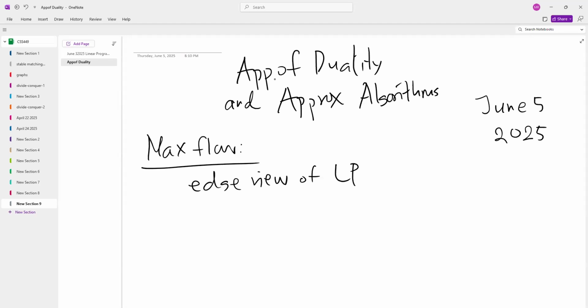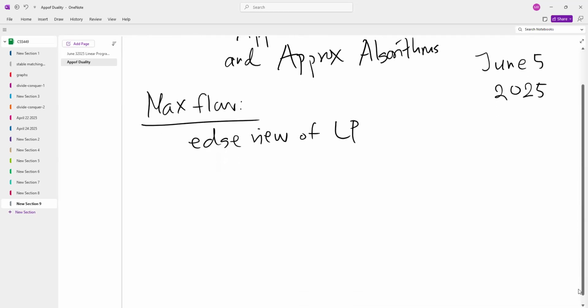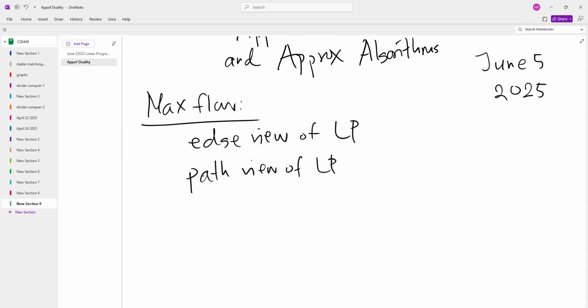Now, what we are going to try to do is take another view of LP, which is the path view of LP. And in some sense, this is a more natural view of the max flow LP. Why?